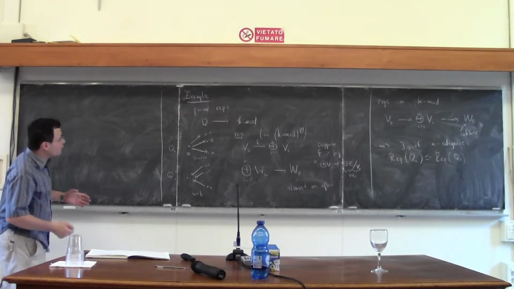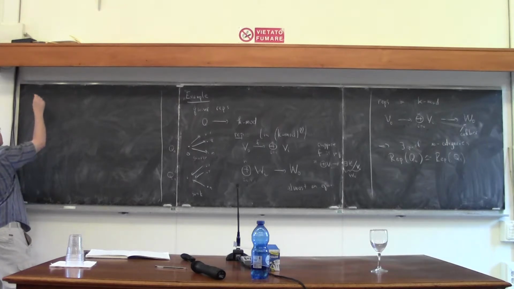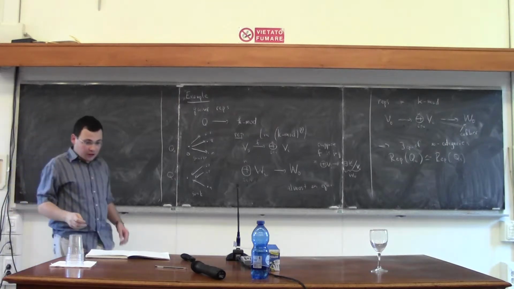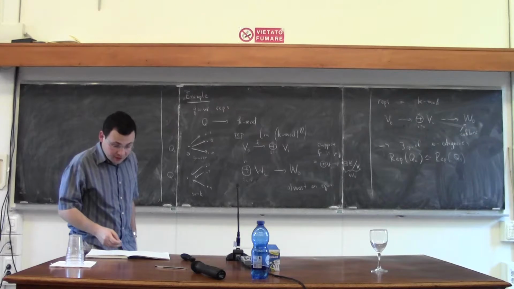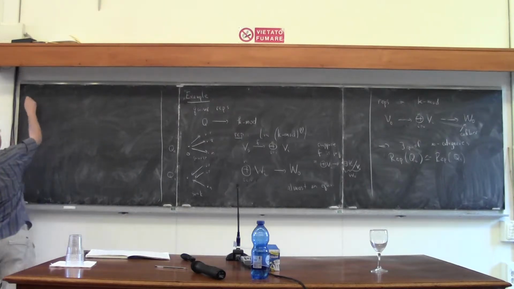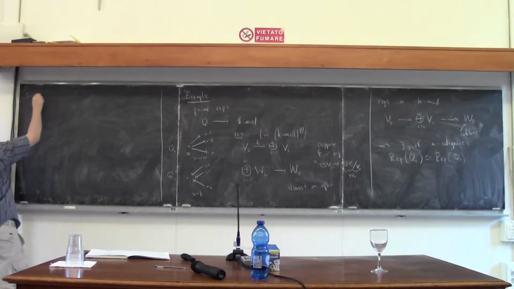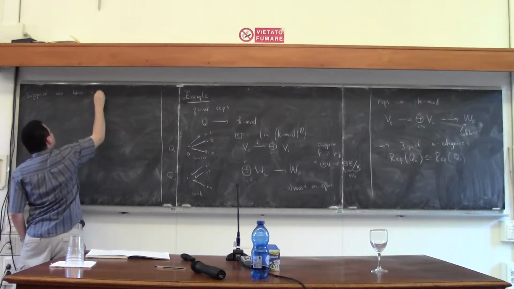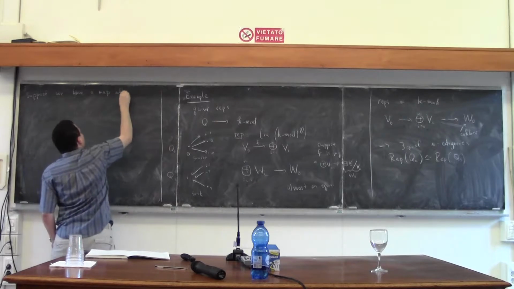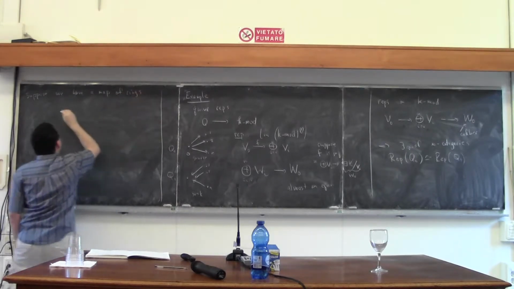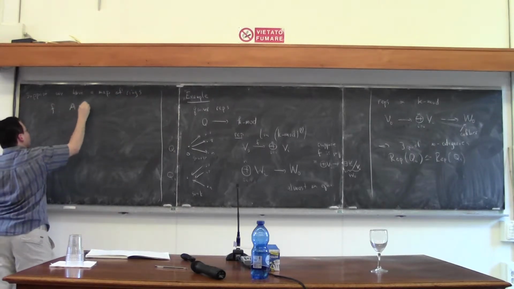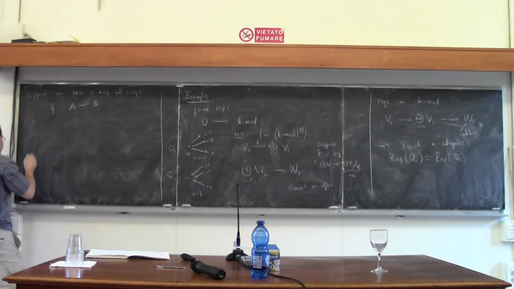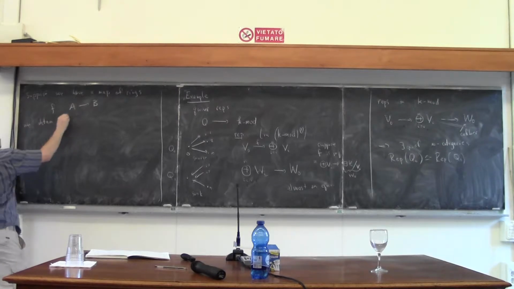But before we do that, I'm going to start calling K something else now, I think. Suppose we have a map of rings, f from A to B. Then we obtain functors.